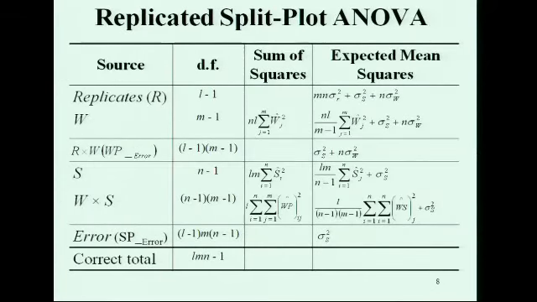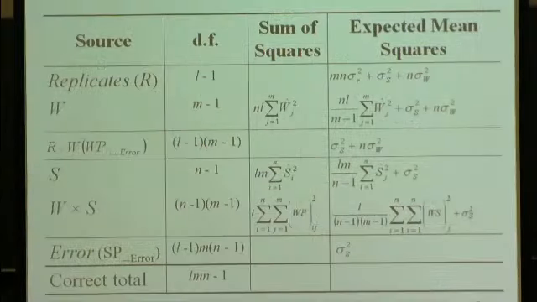This is the ANOVA table. And again, all the degrees of freedom related to replicates in this situation are going to be 0. So we do not have a formal statistical test to judge the significance of effects in this situation.